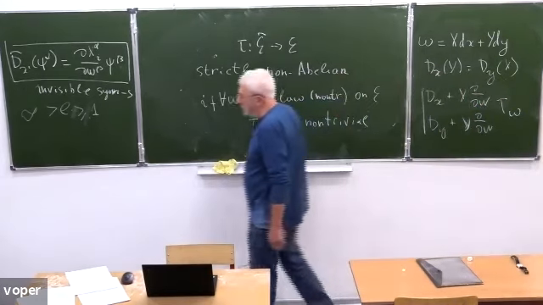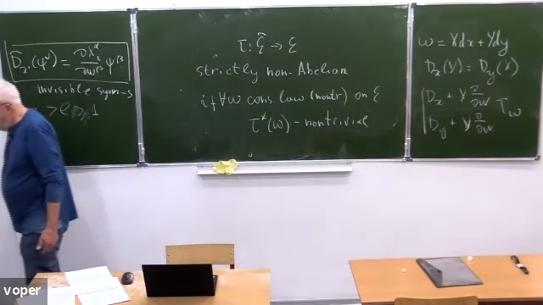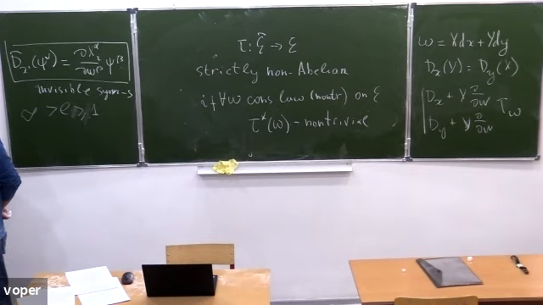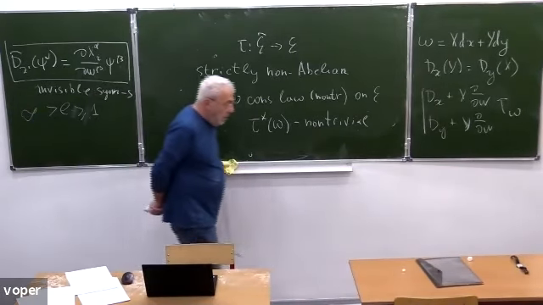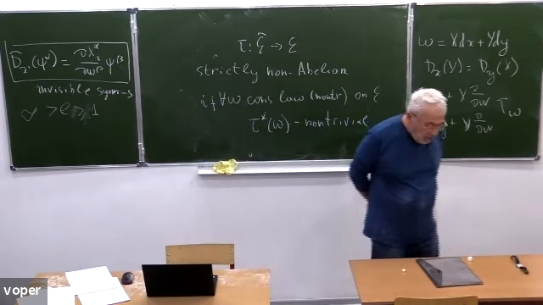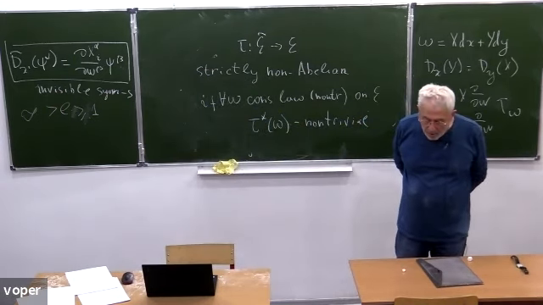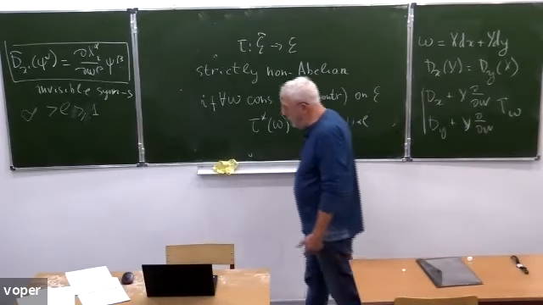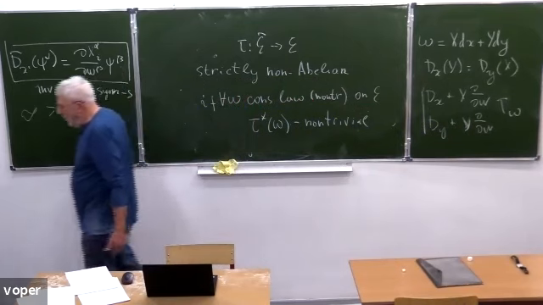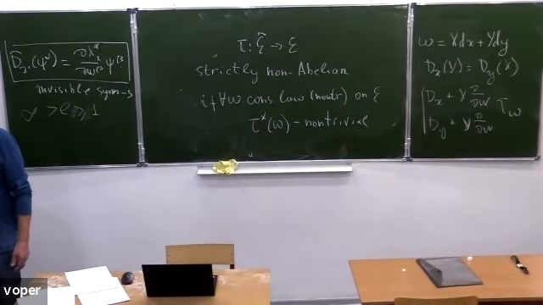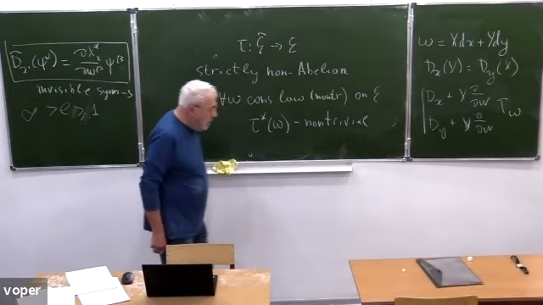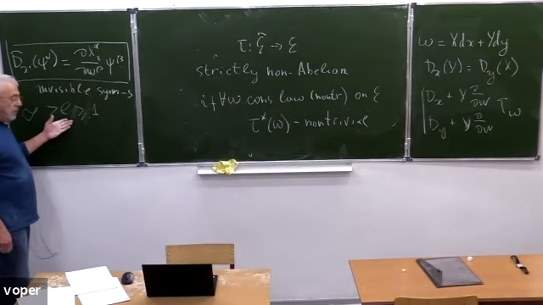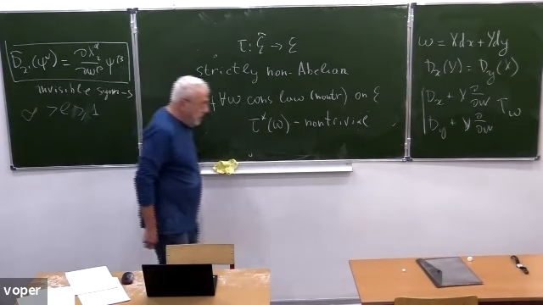Nothing vanishes. And now the next theorem is that if an equation admits an irreducible covering, then it admits at least one non-local conservation law independently of the value of the dimension.